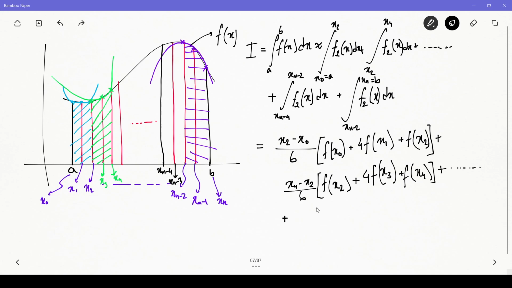For this term over here, we have x of n minus 2 minus x of n minus 4, divided by 6, times f of x of n minus 4, obviously the lower limit, plus 4 times f of x of n minus 3, because between x of n minus 4 and x of n minus 2 we have x of n minus 3 as the midpoint, plus the upper limit, which is f of x of n minus 2.